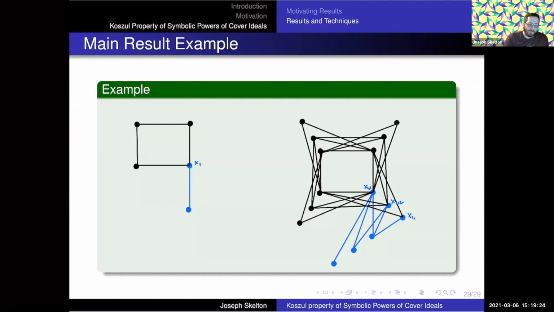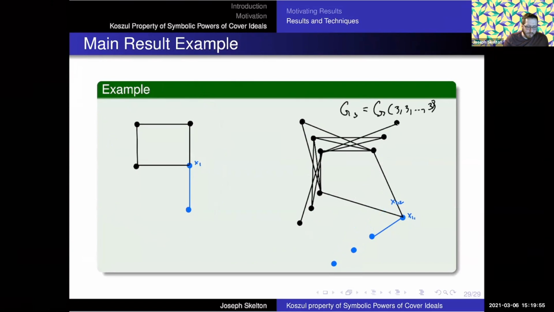So if I start with this graph, this is G3 of that graph, which is the same as, I guess, G3, however many threes. So if I delete x1, now x12 is whiskered. If I delete x12, now x13 is whiskered.